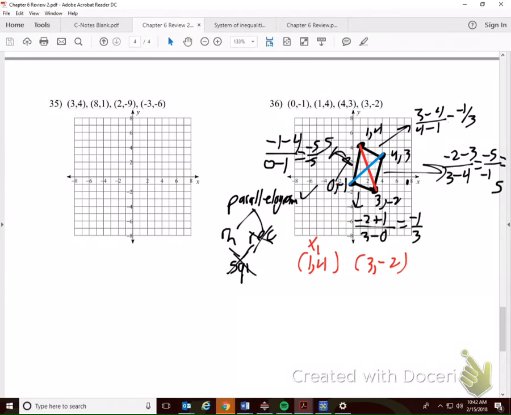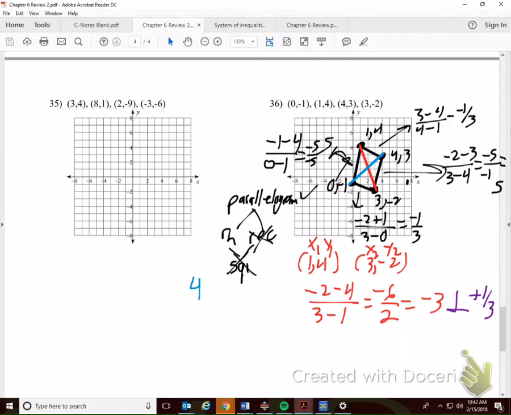We can then sketch out the diagonals and run the distance formula for each one, because we know that if they are perpendicular, it's a rhombus.